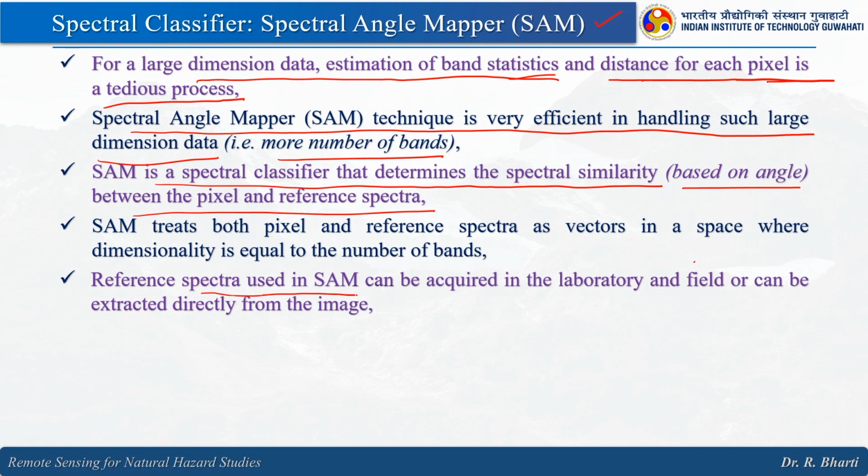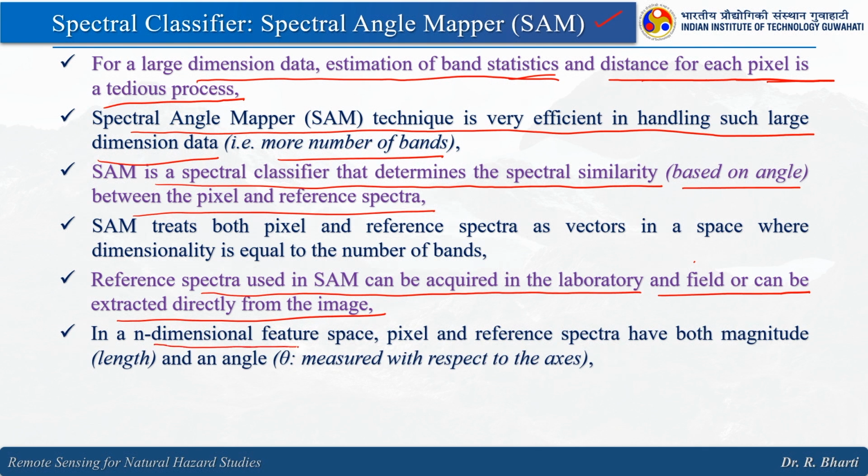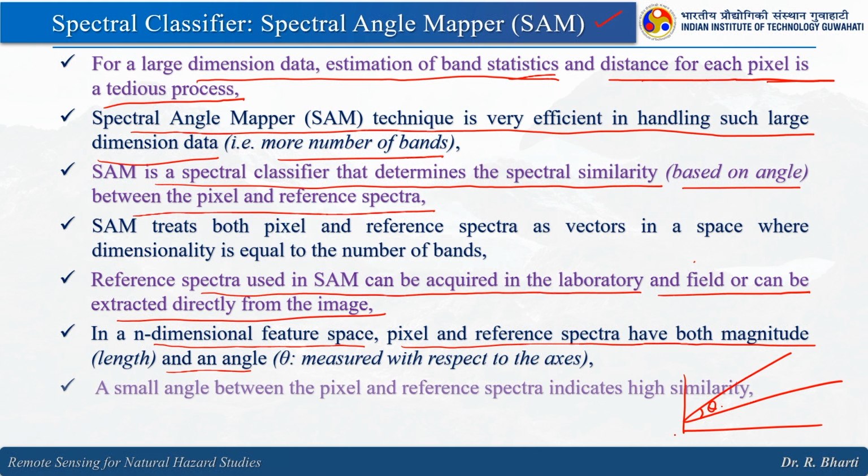Reference spectra used in SAM can be acquired in the laboratory and field or can be extracted directly from the image. The end members that we discussed in the hyperspectral, those end members can be extracted from the image itself. In an n-dimensional feature space, pixel and reference spectra have both magnitude and an angle. So, here we will have the magnitude and the angle, right, at what angle they are different from each other.